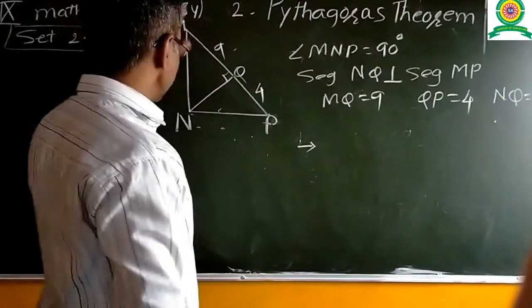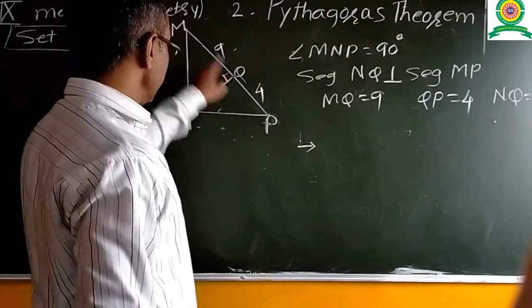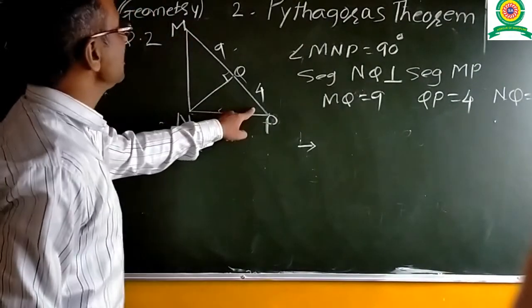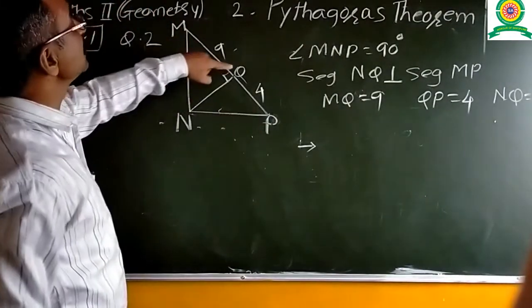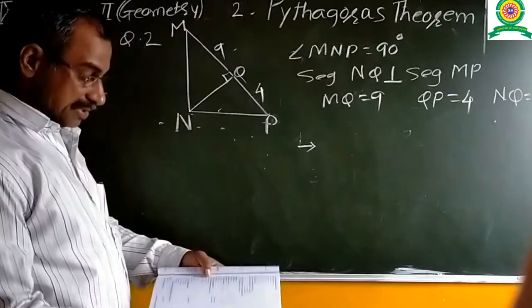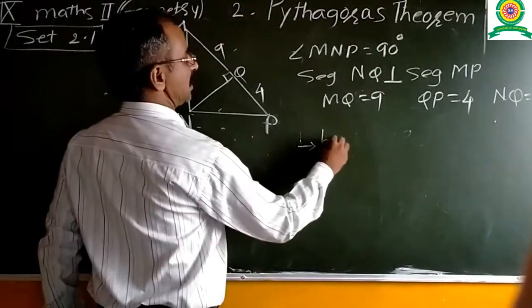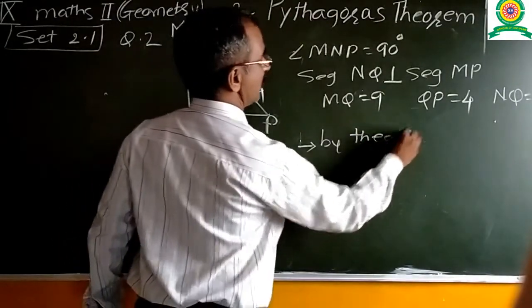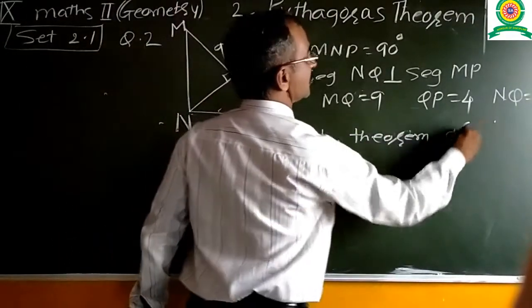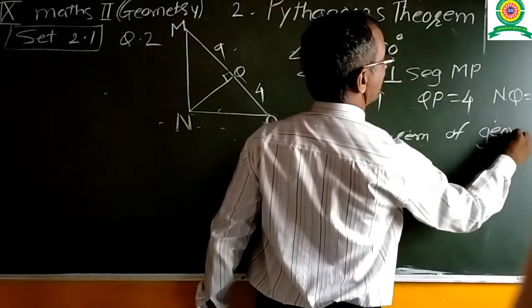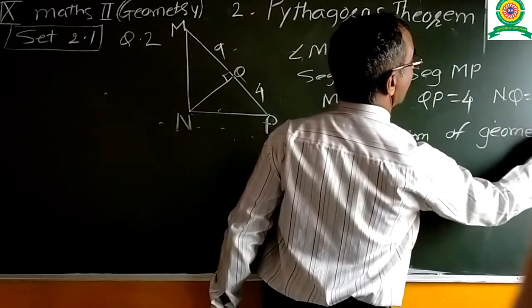MNP is the right angle triangle, MP is the hypotenuse, and NQ is the perpendicular. So by using the theorem of the geometric mean.